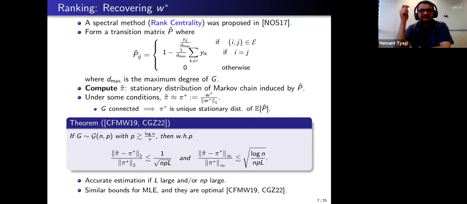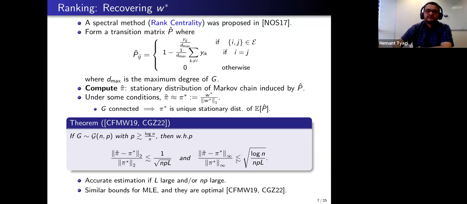Because if your L infinity error is small enough, in particular, if it's smaller than the minimum separation of the strengths between two items, for example below half the minimum separation, then if you were to sort your estimated strength vector, you would actually recover the global rankings exactly. So the L infinity error control is really important to do that.